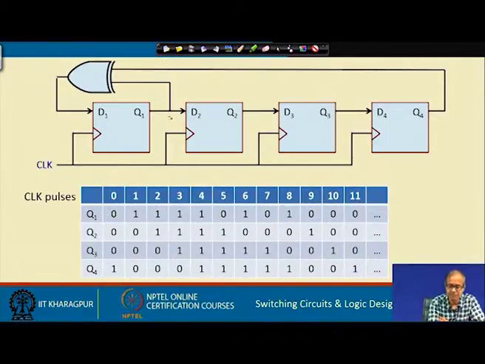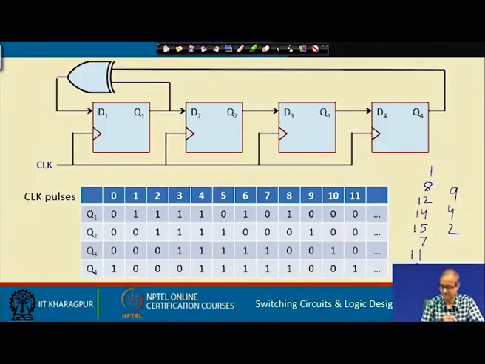For instance, if you treat this 4-bit output of the LFSR as a binary number and look at the decimal equivalent, 0001 means 1, 1000 means 8, 1100 means 12, 1110 is 14, 1111 is 15, 0111 is 7, 1011 is 11, this is 3, then 1001 is 9, then 4, then 2. You see these numbers are very random.